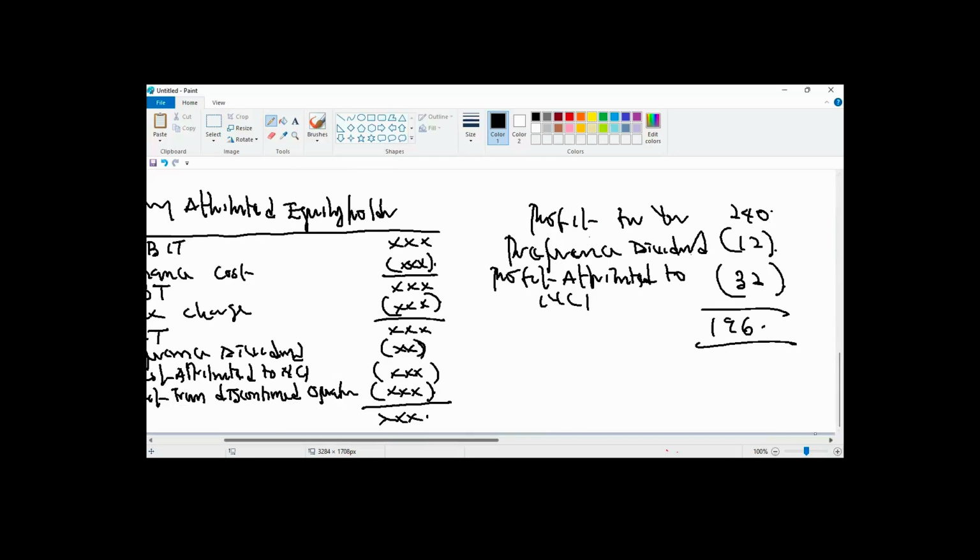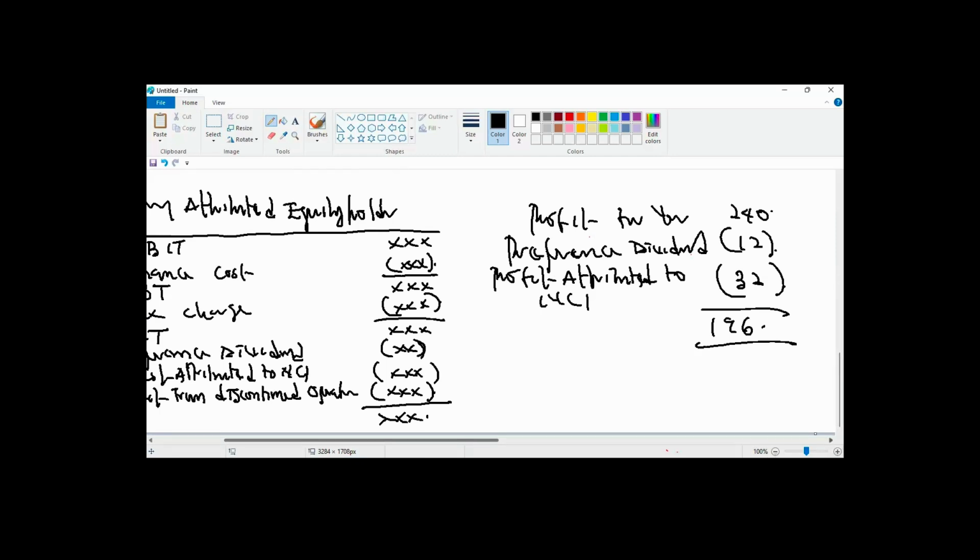Okay, let's go and look at that information you are talking about. Other information: after preference, dividend paid to preference shareholders. Equity share capital, 6% preference.